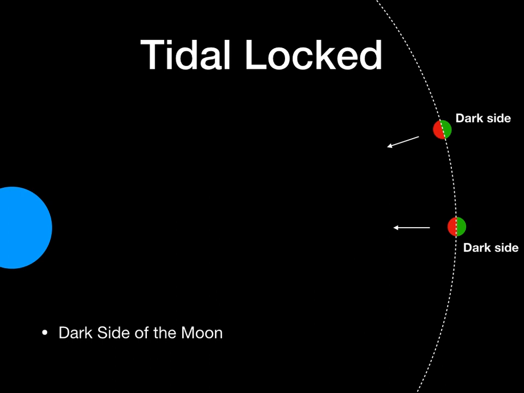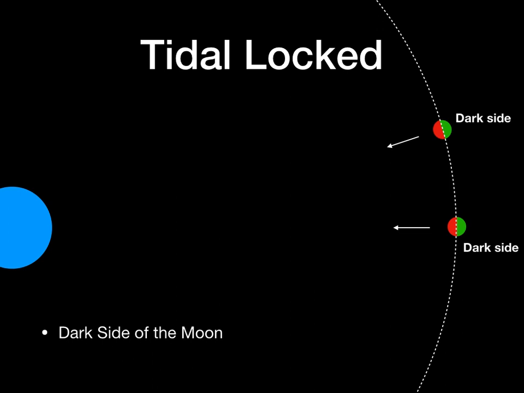So here you can see the moon in two different locations. It's that red-green thing I drew right there, because even though the moon is not red and green, I drew it that way anyway. As the moon orbits the Earth, it also rotates in a way that the red side faces the Earth and the green side faces away from the Earth, no matter where it is in the orbit.